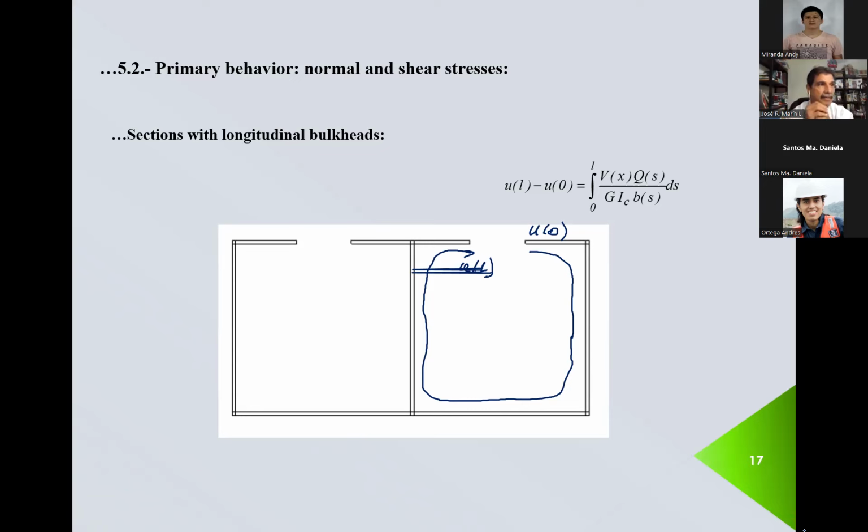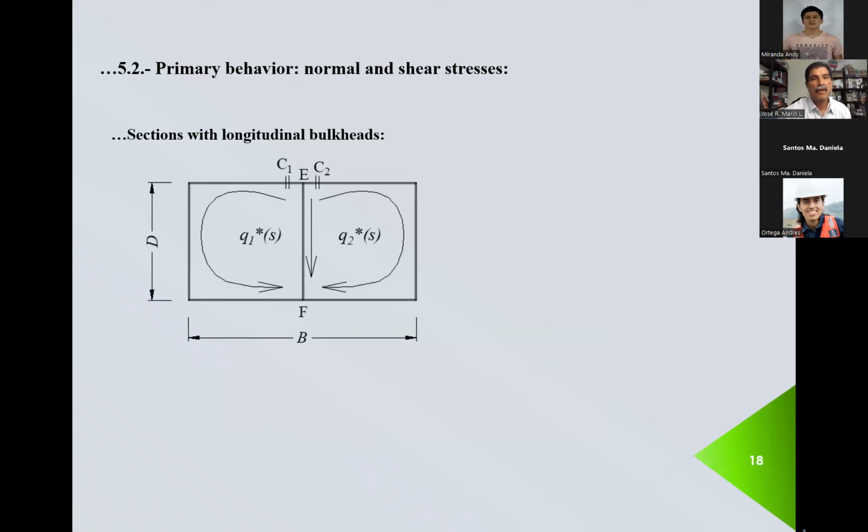Making 2 cuts. And we know that these cuts are artificial. But if we include these cuts, we could solve this problem completely, as we have explained here. So let's suppose we have this section.